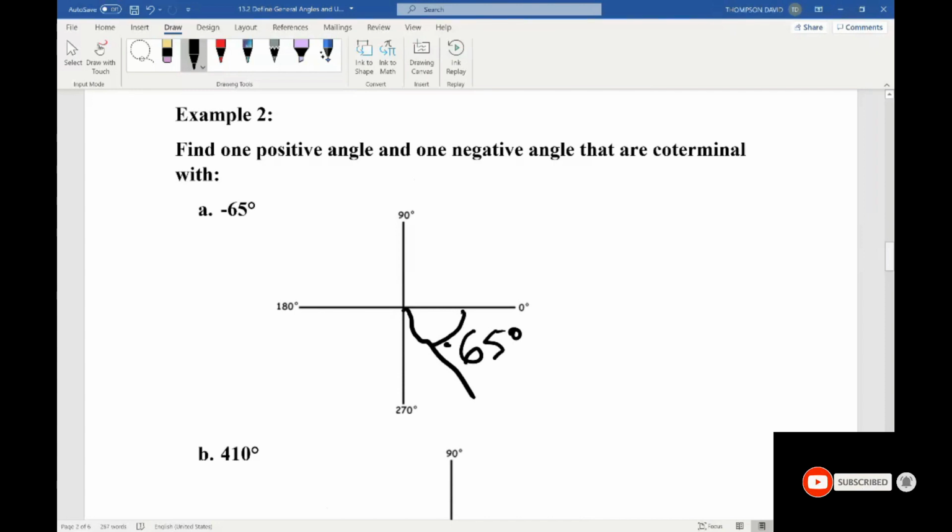So what we want to do first is find our positive. To find our positive, we're just going to do negative 65 plus 360.